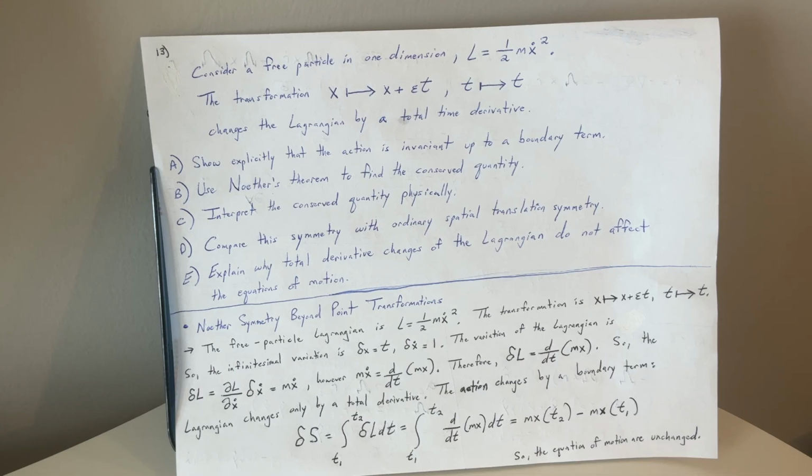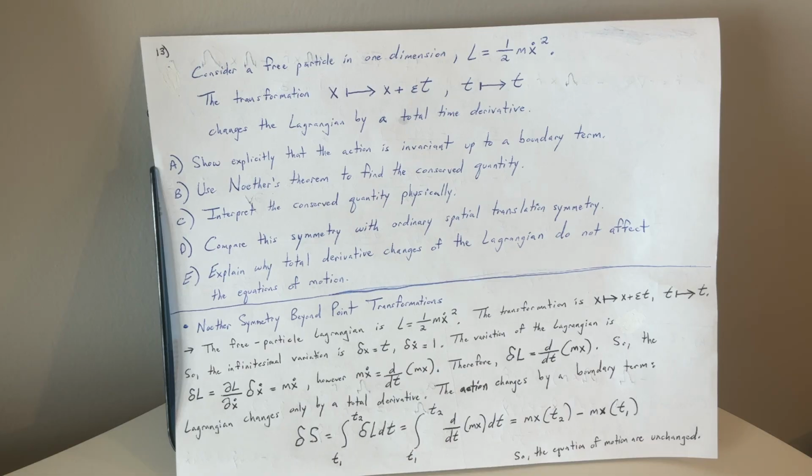So the free particle Lagrangian is L equals 1/2 m x dot squared, and the transformation here, under an infinitesimal Galilean boost, is x maps to x plus epsilon t, and t maps to t.